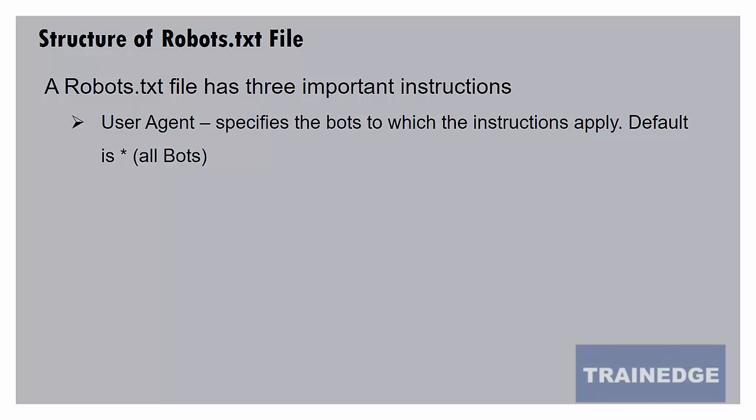By default, the user agent value is star, which means the instructions apply to all the bots visiting the website. You can also create instructions for specific bots by specifying the name of the bot in the user agent. For example, Google bot or Bing bot.